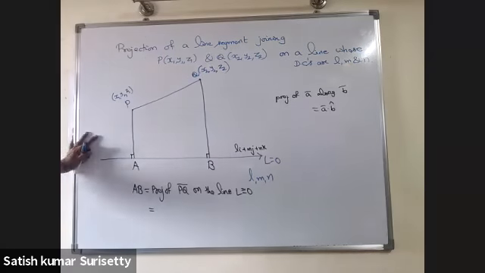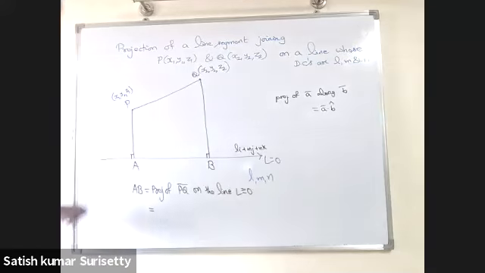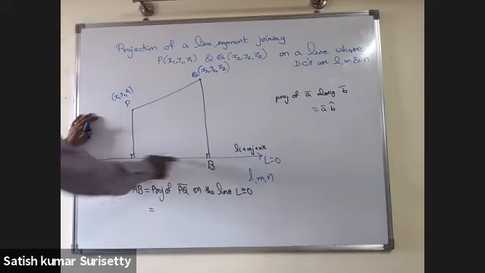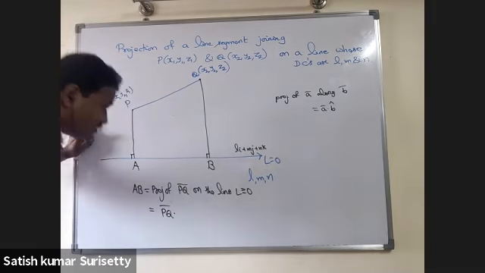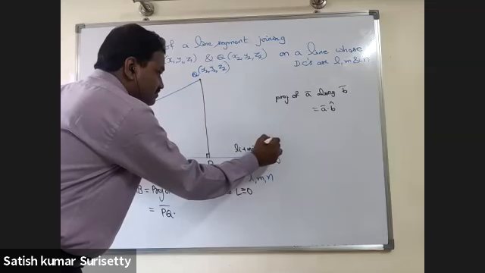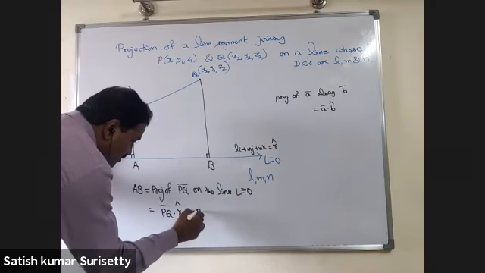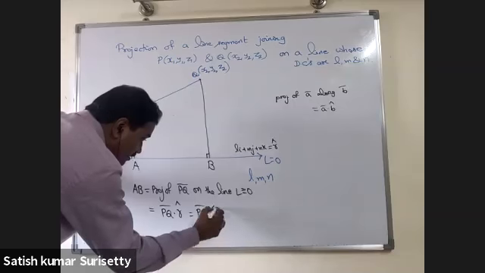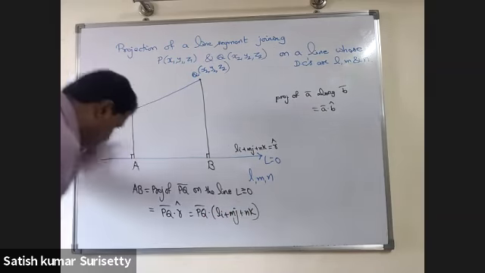So I can write the projection AB as PQ bar dot unit vector r cap, so PQ bar dot (Li plus Mj plus Nk).